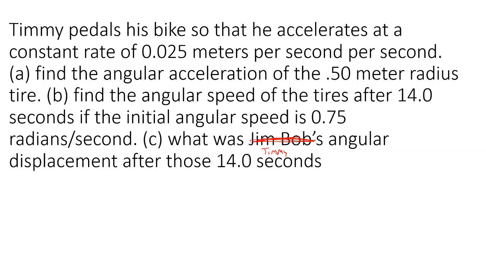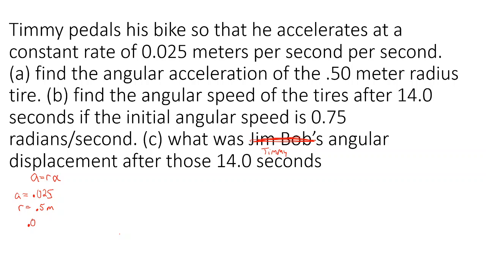So the first part we want to work on is a equals r alpha. Linear acceleration equals the radius times the angular acceleration. Linear acceleration, it says, is 0.025 meters per second squared. That's the a value. And the radius is given to us as 0.5 meters. So we could put that right into the problem.